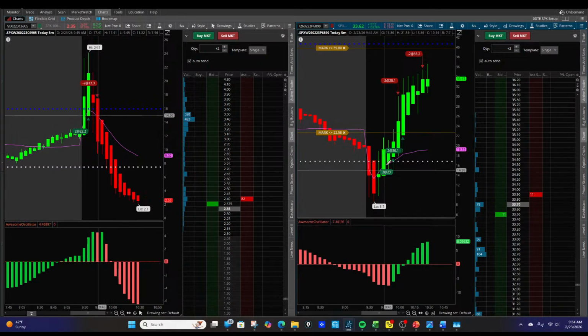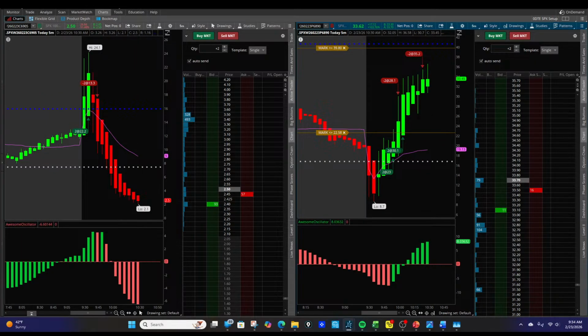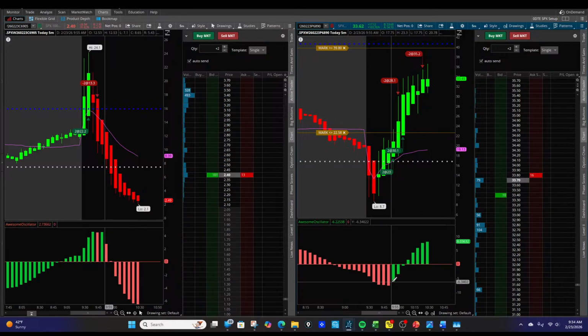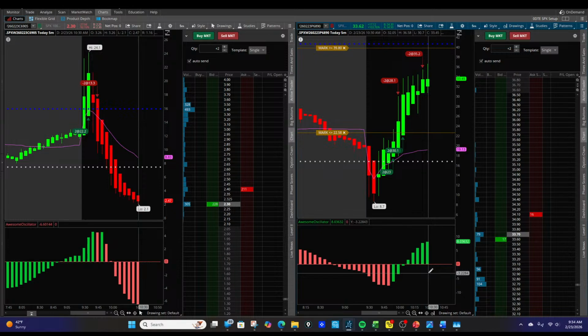the overnight low, and we've gone all the way up, we're getting to that point of exhaustion where the lifespan of this trade is coming to an end.